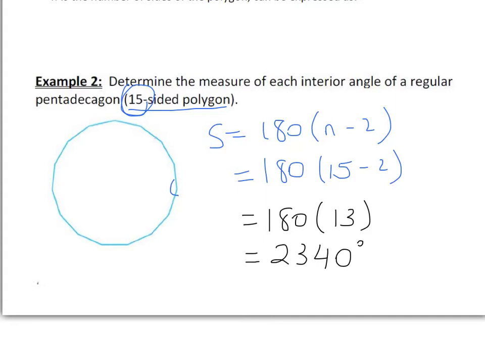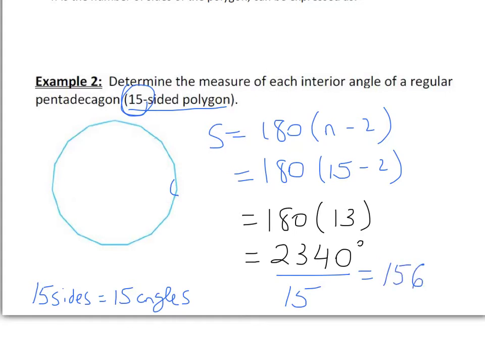Well, since we have 15 sides, we have 15 angles. So we have to take this number divided by 15, gives us 156 degrees. So the measure of each interior angle in here is 156.